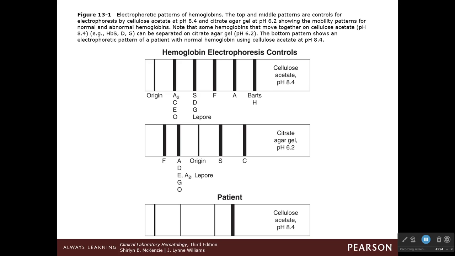So we're going to say 1 looks like this.